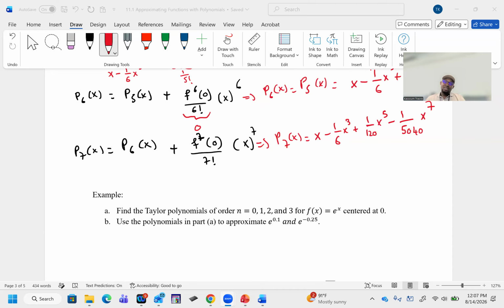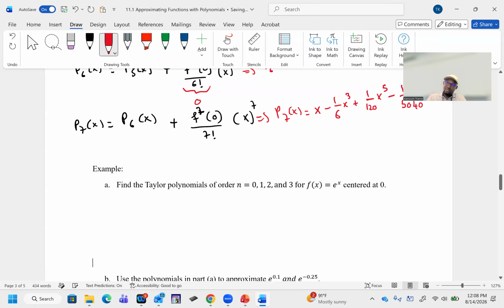And part B, use the polynomial in part A to approximate e to the power of 0.1 and e to the power of negative 0.25. So let's do part A first.